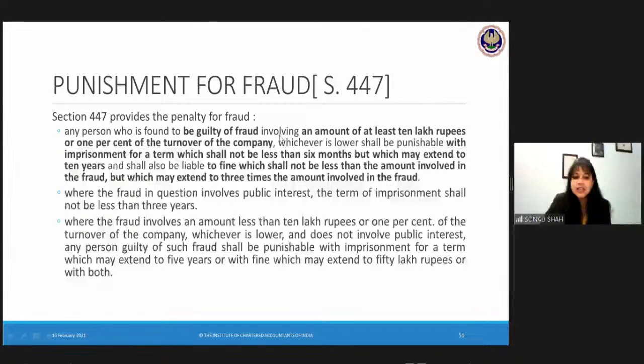In that case, can we invoke 447? No, because 447 says any person who is found to be guilty of fraud involving an amount of at least 10 lakh rupees or 1% of the turnover of the company, whichever is lower. So the lowest amount for which we can affix the penalty is 10 lakh rupees. Is that clear?